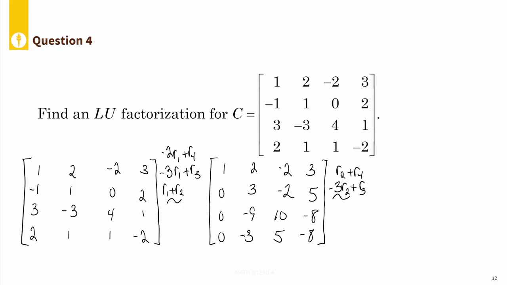Negative 3 row 2 plus row 3 should zero that out, right? And then row 2 plus row 4. Shouldn't it be positive? You're right. Negative 2, 3 there.